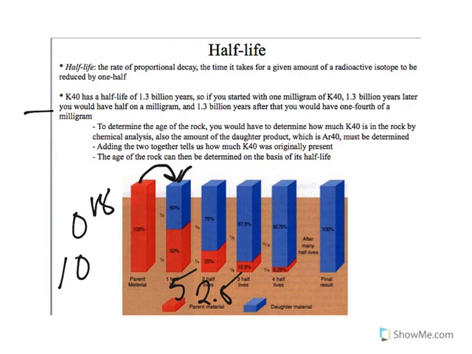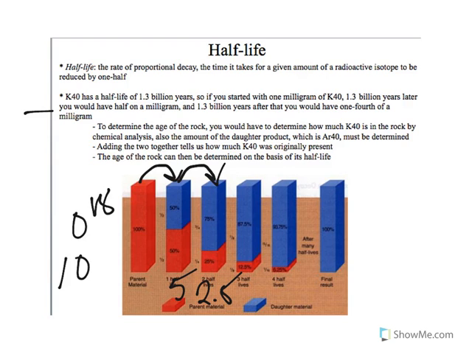And to go from 50% to 25%, right? Each step takes 1.3 billion years. So what that means is if I start with 1 milligram of potassium-40, 1.3 billion years later I have half a milligram. In another 1.3 billion years I have a fourth, because I'm dividing that half into half.